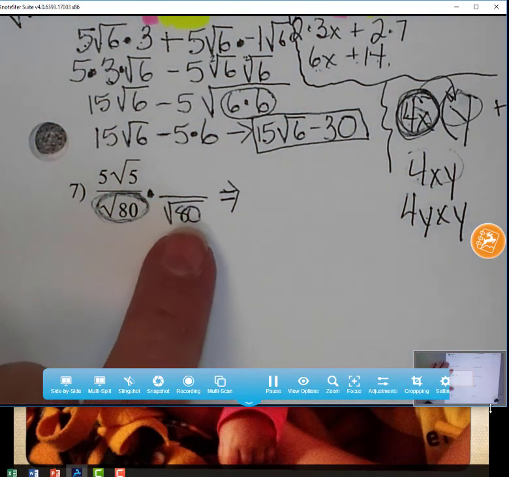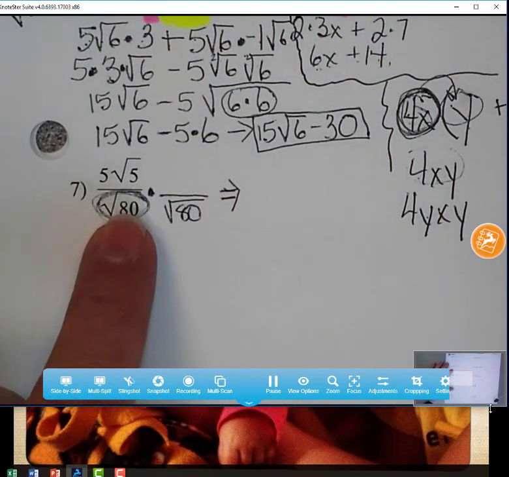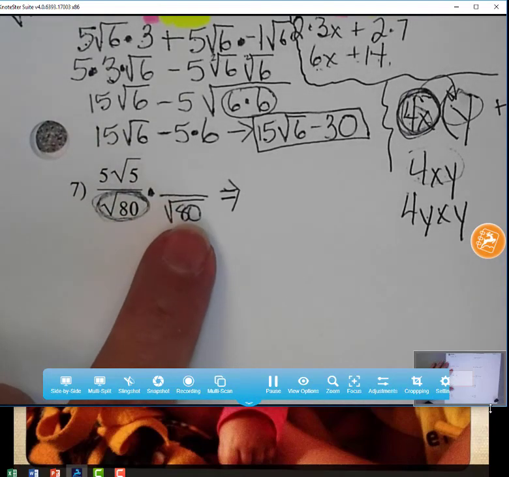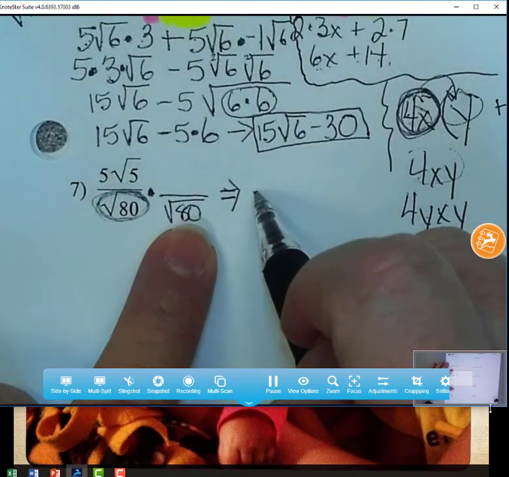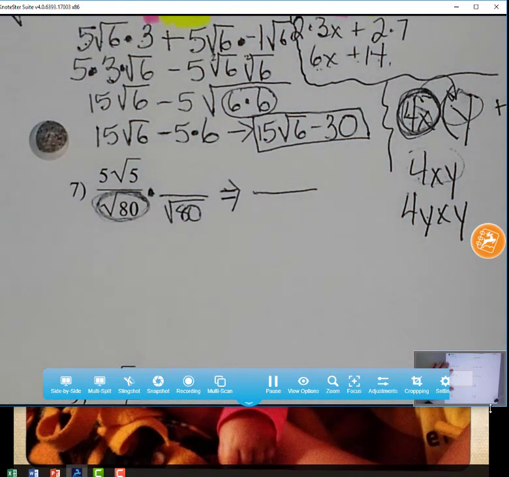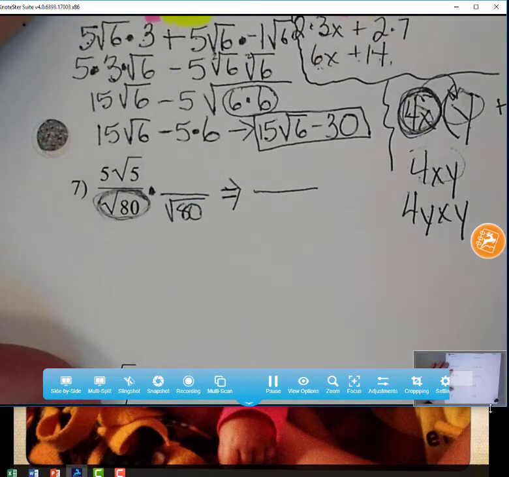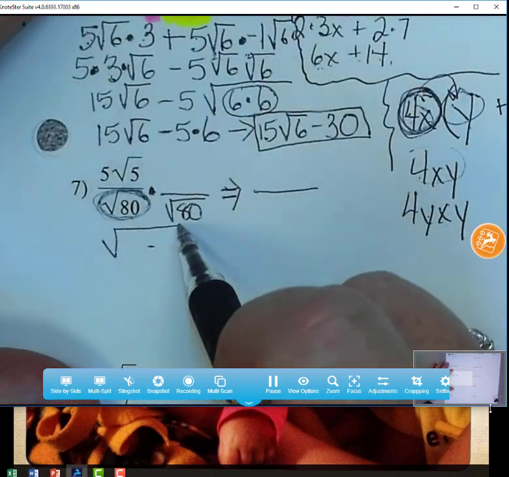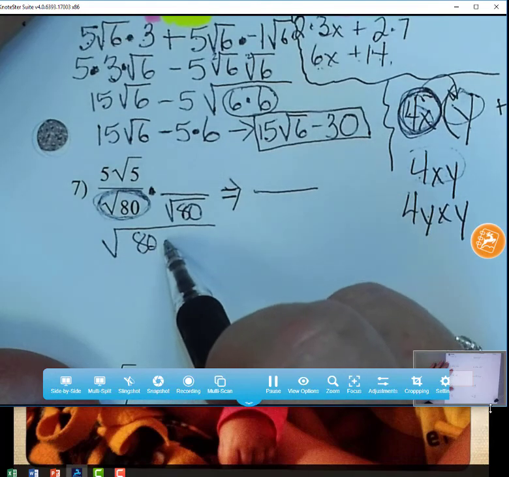Now let's talk about this for just a second. This is the square root of 80 times the square root of 80. What is the square root of 80 times the square root of 80? In other words, what is the square root of 80 times 80?